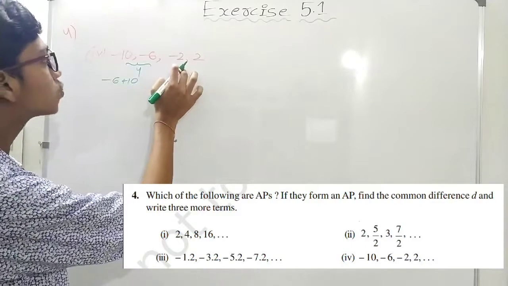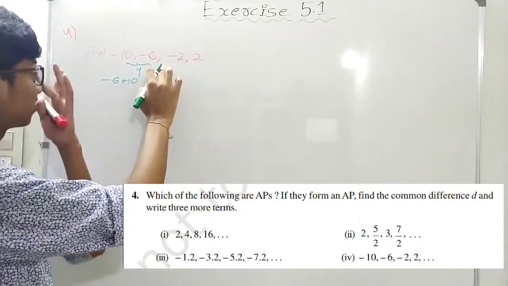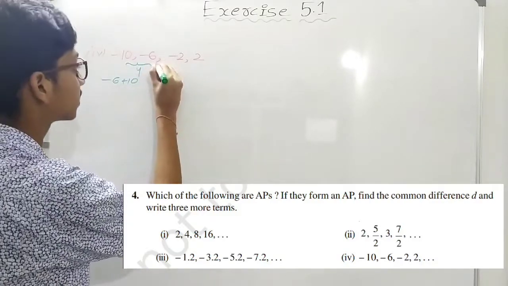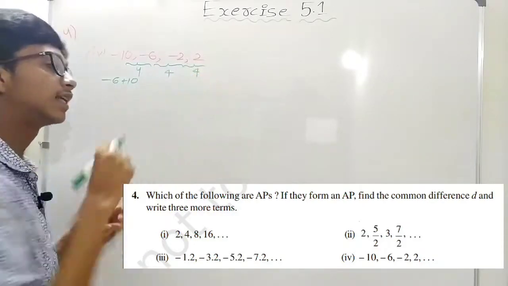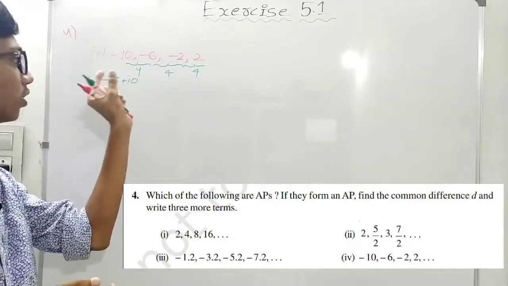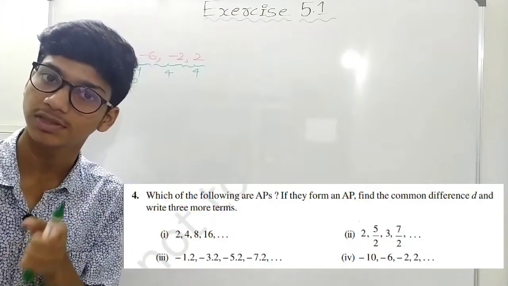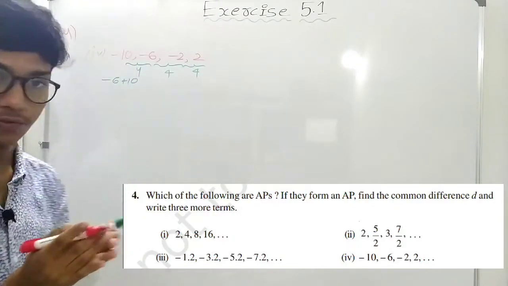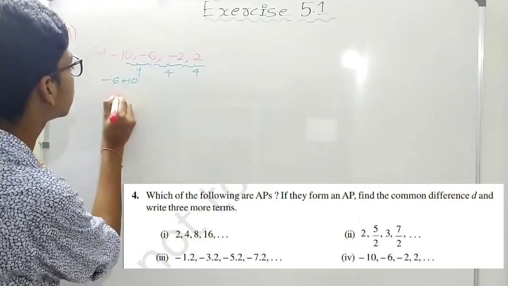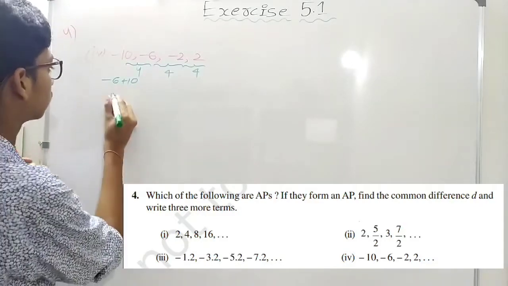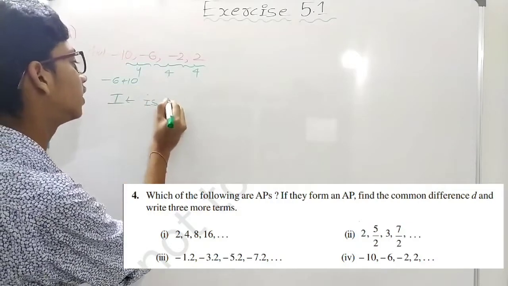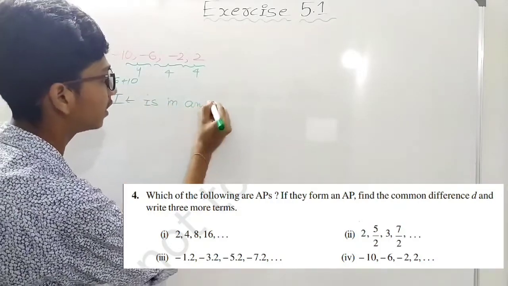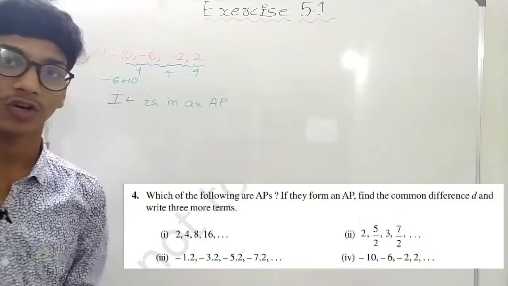Minus 2 minus of minus 6, that is minus 2 plus 6, is 4. Minus 2 to 2 is also 4. So it is clear that the difference between two consecutive numbers is a constant, fixed value. So we can say that it is in an arithmetic progression.